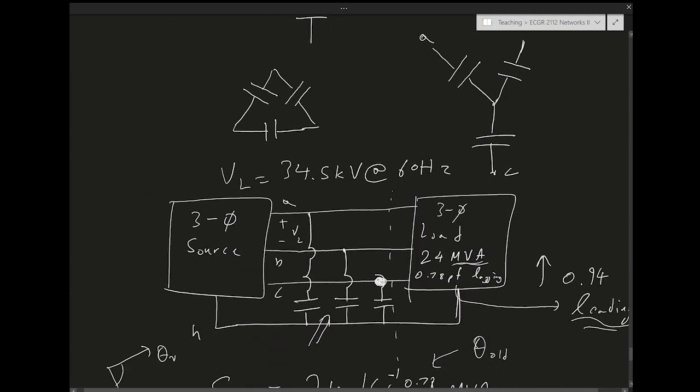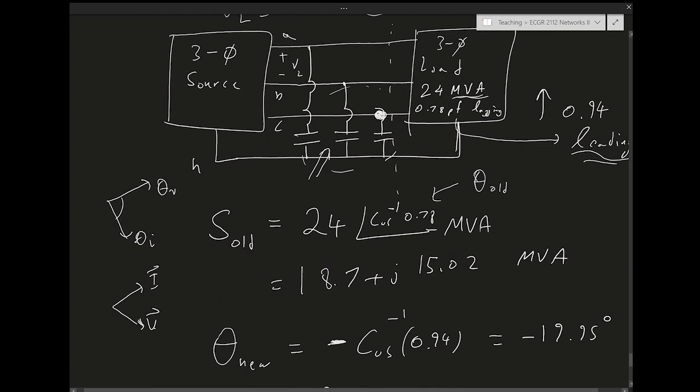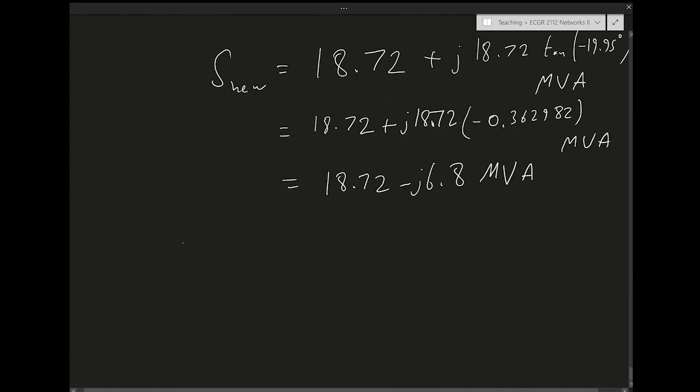We said complex power is conserved, right? So the S nu should be larger than S old. The difference between S nu and S old should be the complex power that goes into the cap, right? So it's established. We know that the difference between S nu and S old is S cap. The S that needs to be consumed by the caps is just S nu minus S old.